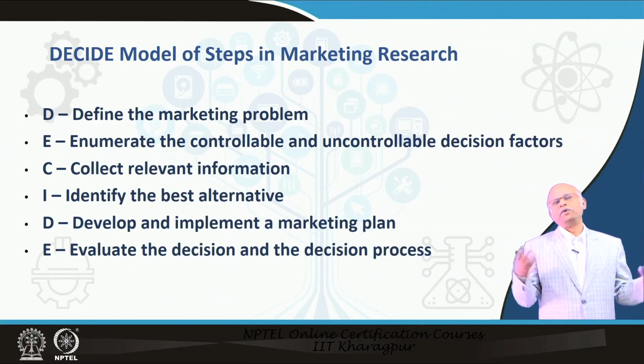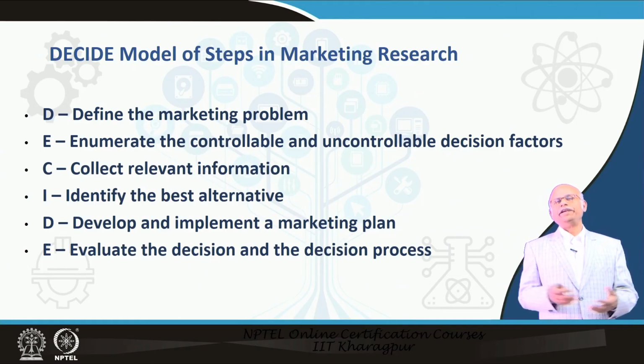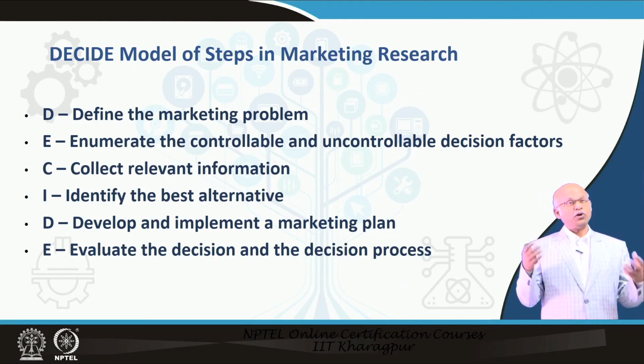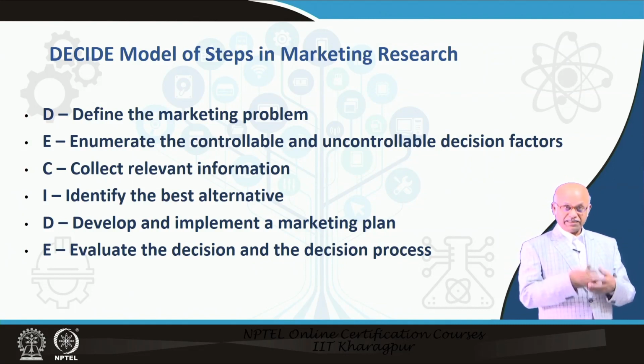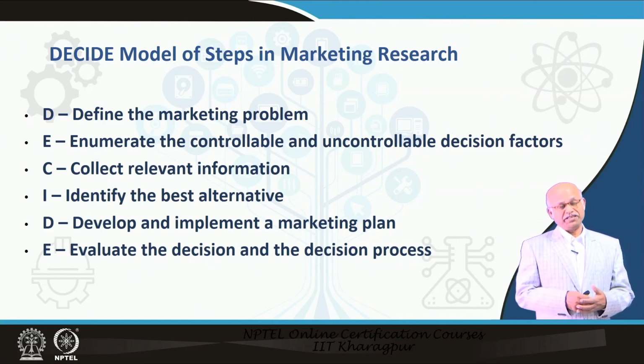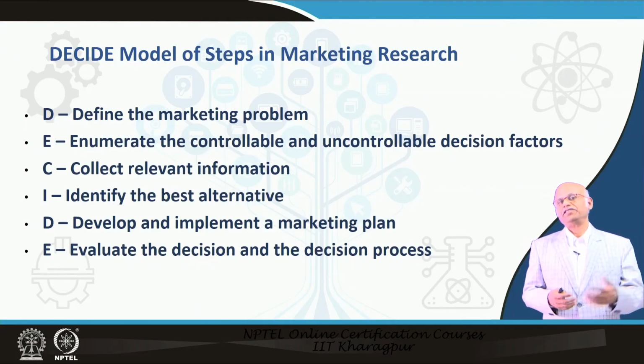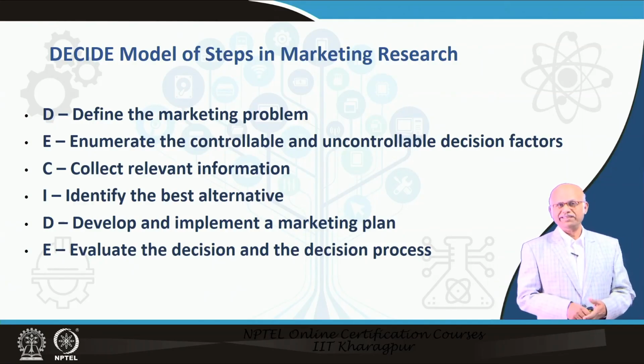Then for every purpose there is a different way of doing market research. Whether you want to do a causal research, like you want to give some stimulation to the market and see what is the reaction to the target audience. Depending on that, you decide whether this is the right stimulation or you need to do something else.